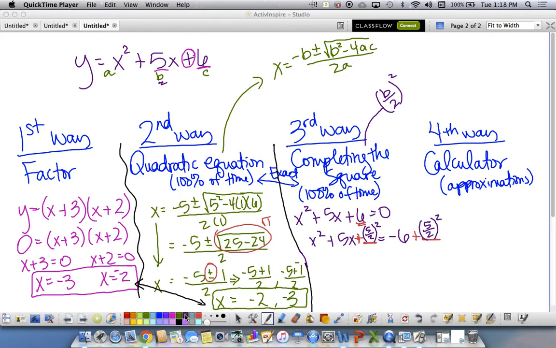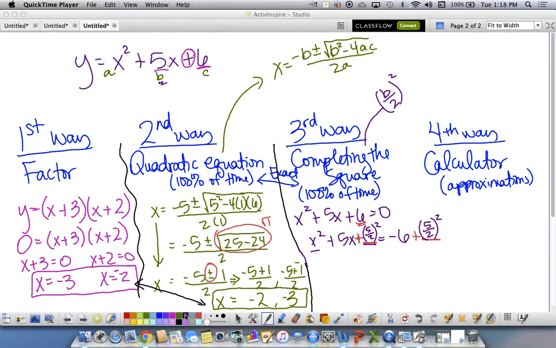Now, the wonderful thing about this is I can now factor. I have something where my first and my last term are both squares, and there's something special about that when they add to be the middle number. So 5 over 2 plus 5 over 2 is 5. We all know 5 halves squared is really 25 fourths.